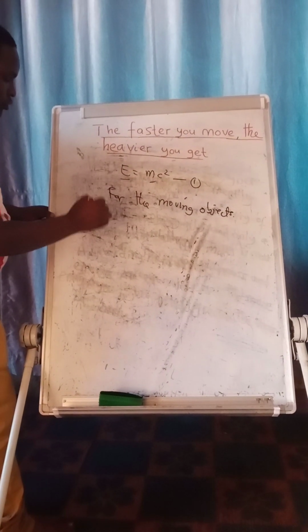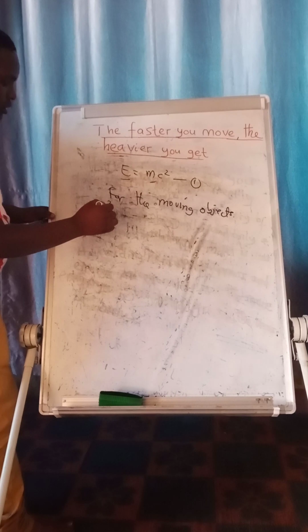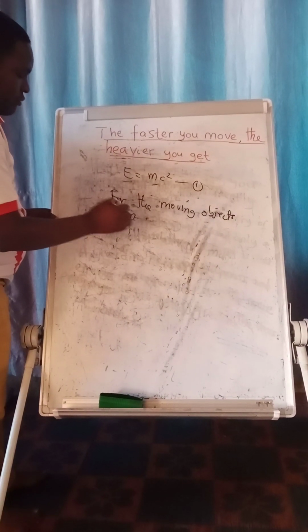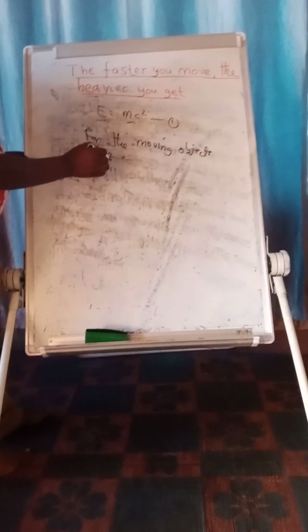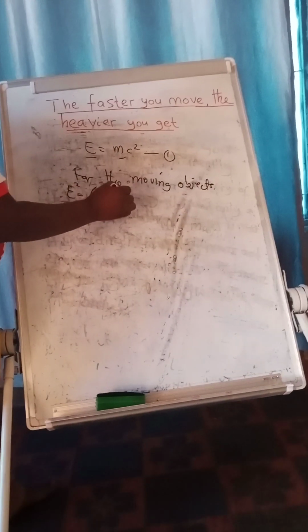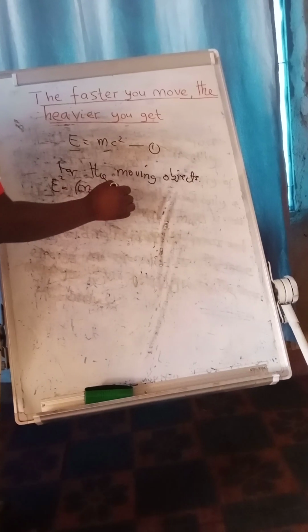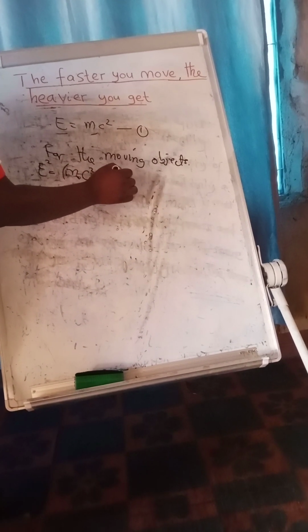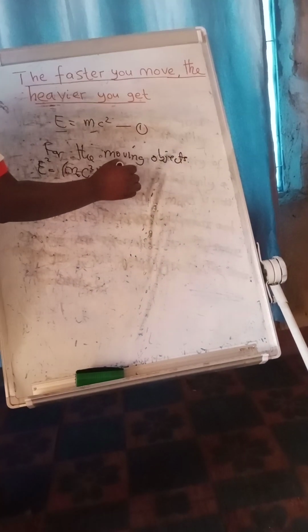We have a new equation for the moving object, which is E square, energy squared, equal to the rest mass of the object, m naught, times c square, plus the momentum of the moving object times c, like this.